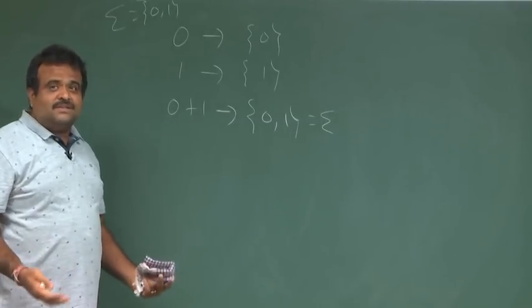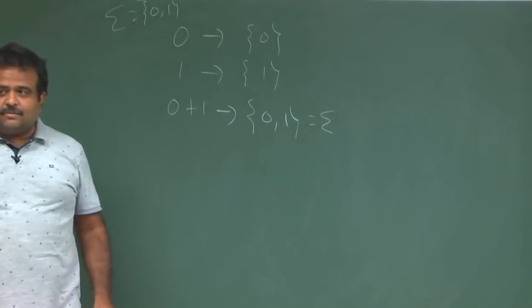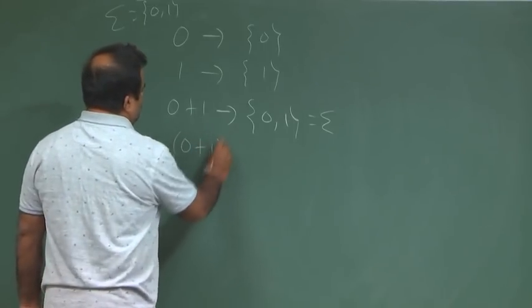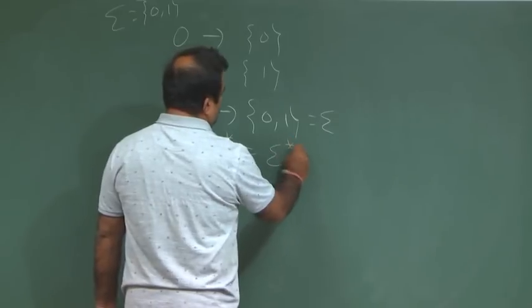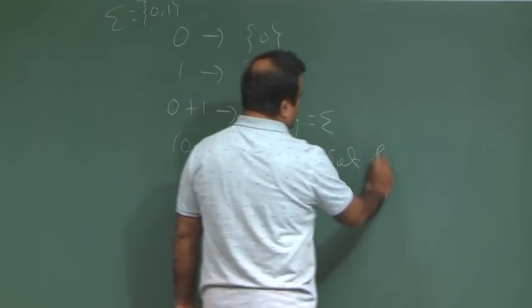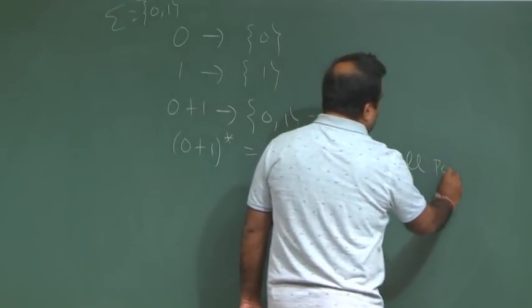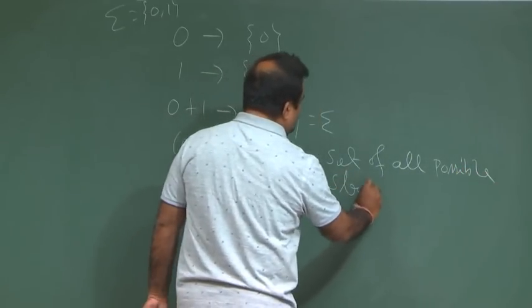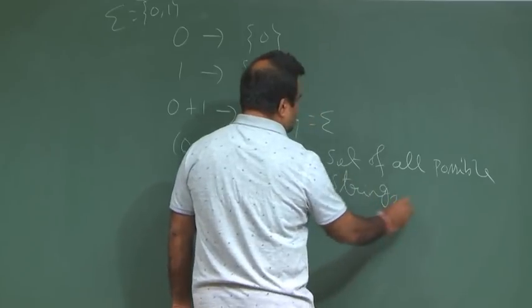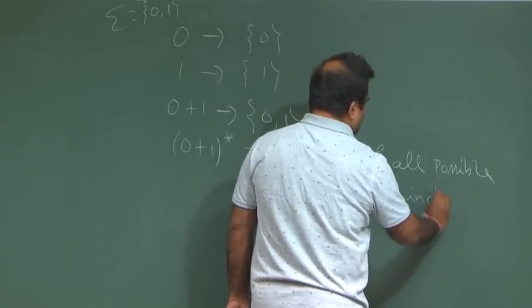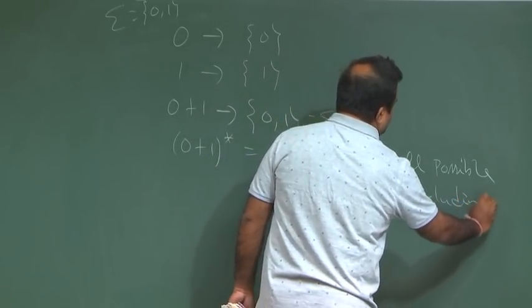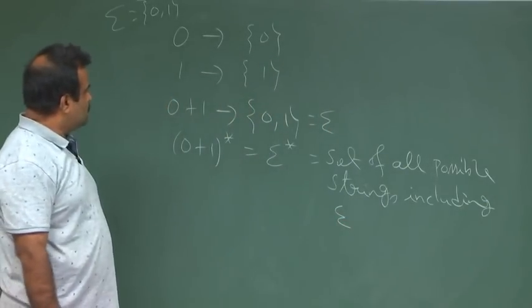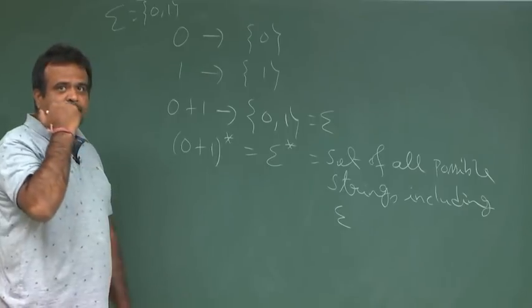Now, (0 plus 1) star is basically sigma star, that is the set of all possible strings, including the empty string, epsilon.